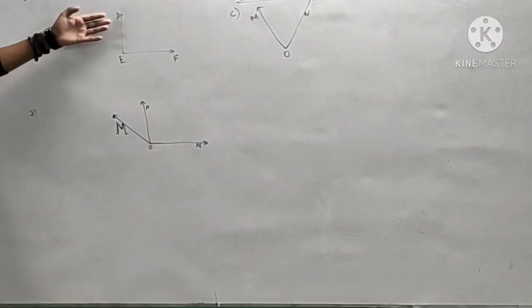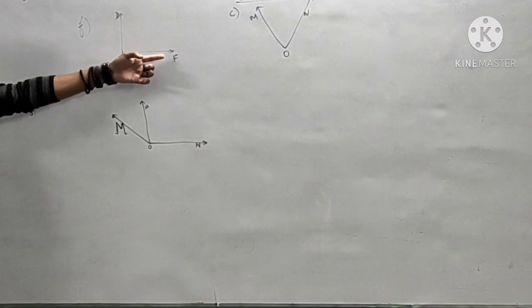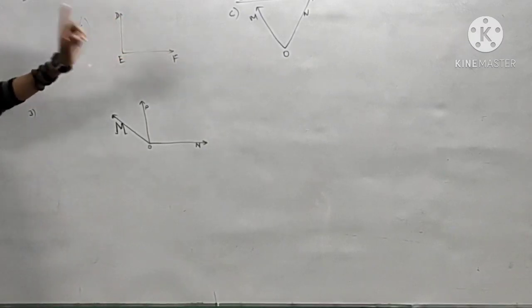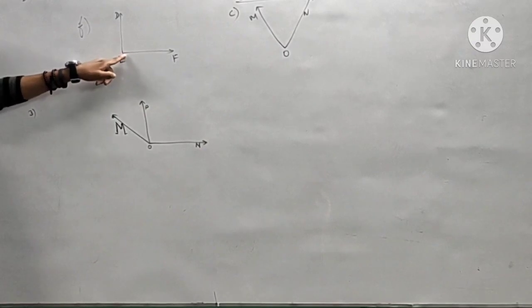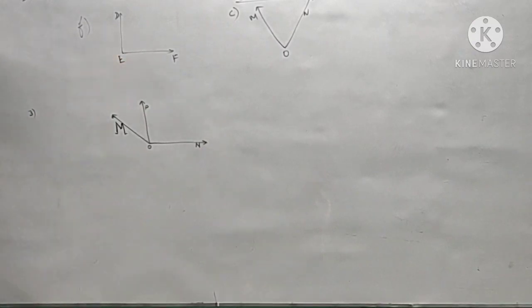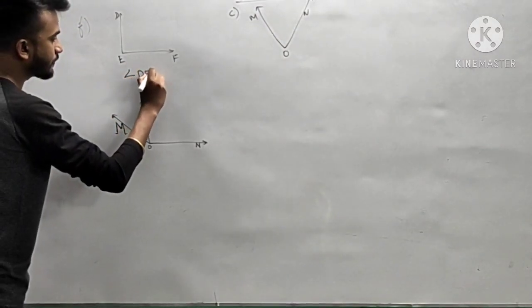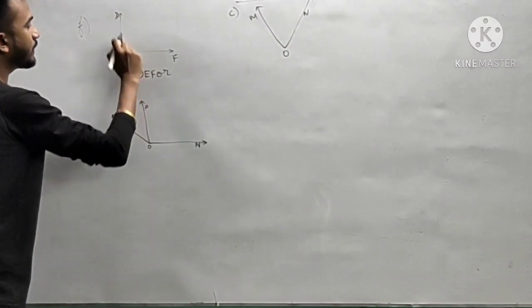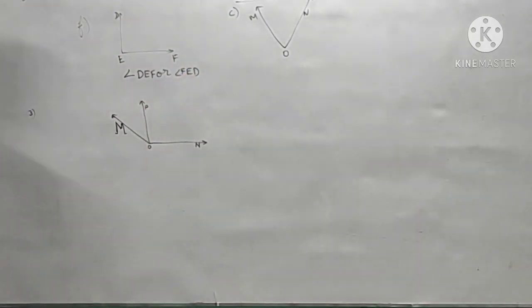If you want, you can start from D, so it can be written as DEF. Otherwise, you can write FED, but the important thing is what? That E should be in the middle of it because E is the vertex and it represents the angle here. So it can be written as angle DEF, or you can write FED. So there are two ways to write.